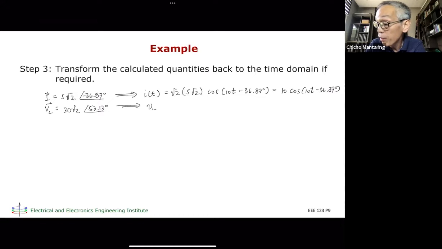So v_L(t) is 30 times the square root of 2 times the square root of 2, so this is 60 cosine(10t plus 53.13 degrees) volts. Don't forget the units: this is amperes and this is volts.